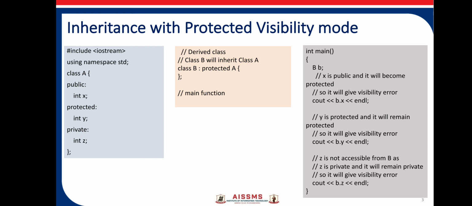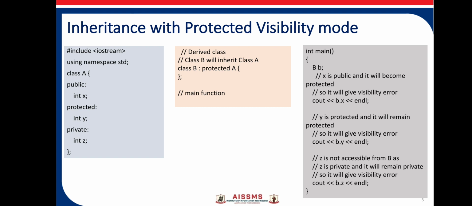Next, when we try to access the public content, that is the x variable, it will not be accessible because it has been converted into protected mode. That's why even the x variable is not accessible with the help of object B.